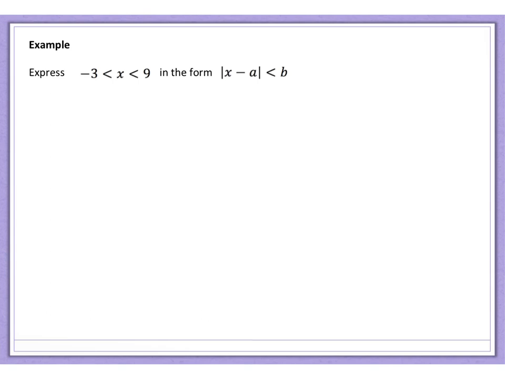So express this inequality in the form of a modulus inequality. So I'm actually going to start with the modulus inequality here. Mod x minus a is smaller than b. Now we know from what we've looked at previously that this means that the number inside the modulus, the x minus a, must be less than b or greater than negative b.